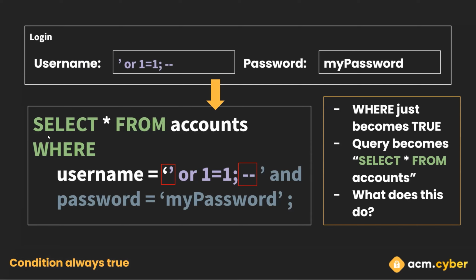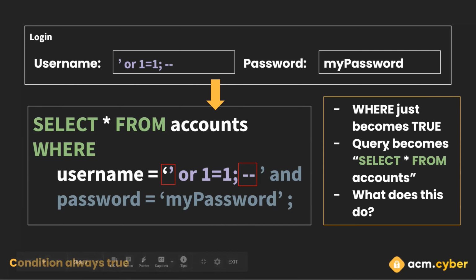So basically, it's going to ignore this where because it's always true. So it's going to return everything that it finds. And then at the end here, we just have a semicolon which ends the statement, and then two hyphens or dashes to comment out the rest of the query, so it's ignored. So it doesn't even check for a password condition once you comment that out.